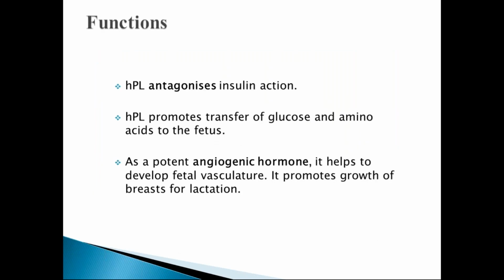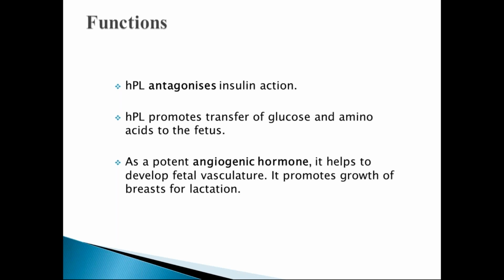So the main functions are: human placental lactogen has an antagonistic action to insulin. Therefore, we call pregnancy a diabetogenic state. Because human placental lactogen, secreted from the placenta, antagonizes insulin, and it promotes the transfer of glucose and amino acids to the fetus.